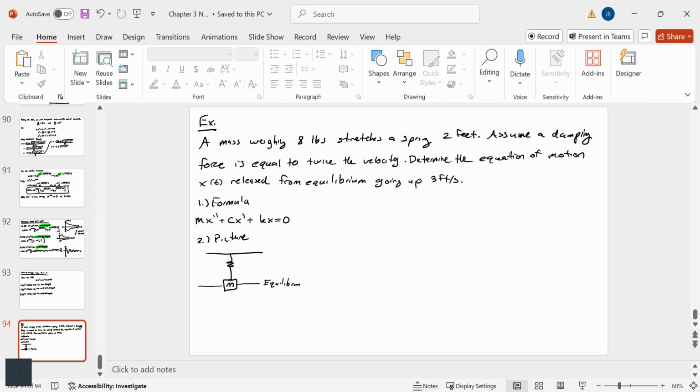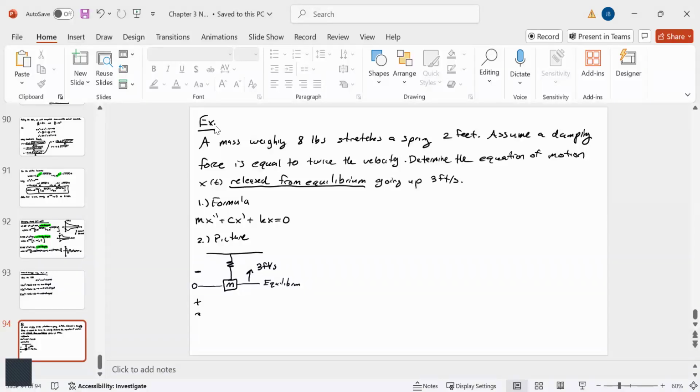And then when it moves, it's going to go upwards at 3 feet per second. So this is your 0 point. This is the negative region. That's the positive region, right? Below equilibrium, positive. Above, negative. So if you're going upwards, that's a negative. And if you're going downwards, that's a positive. So we know the 3 feet per second is going to be negative going upwards, right? But that's just telling me, hey, this is equilibrium. I am starting at equilibrium because it's released from equilibrium, right? That's stated in the problem.